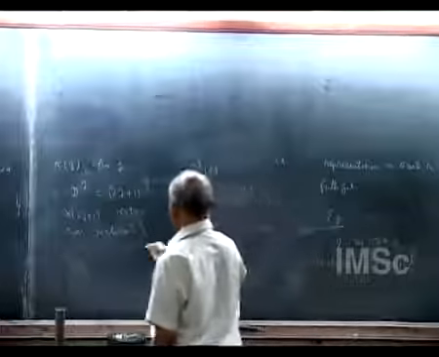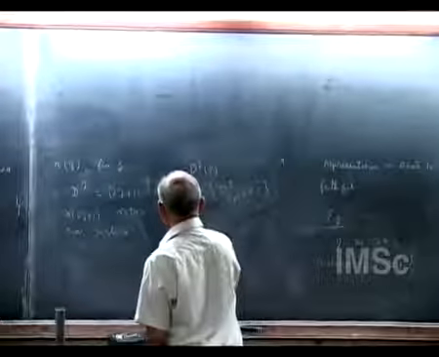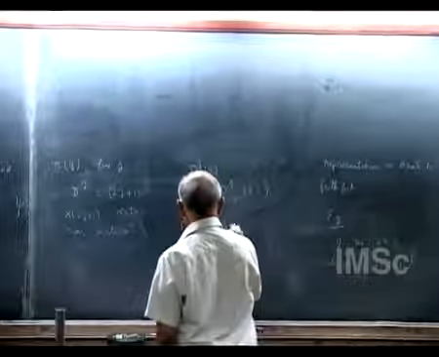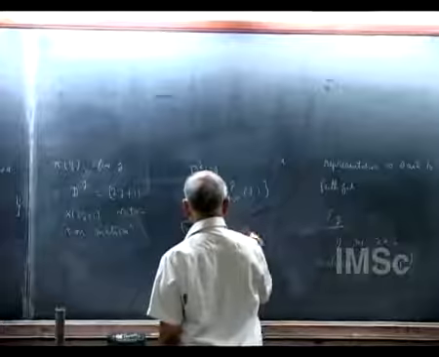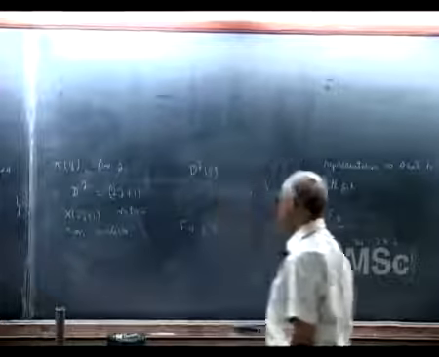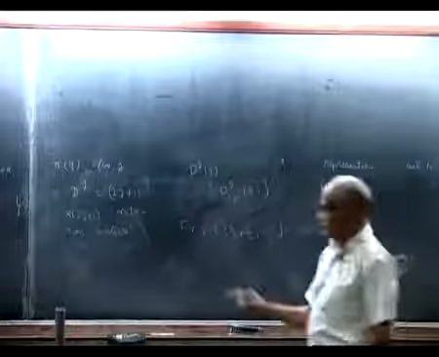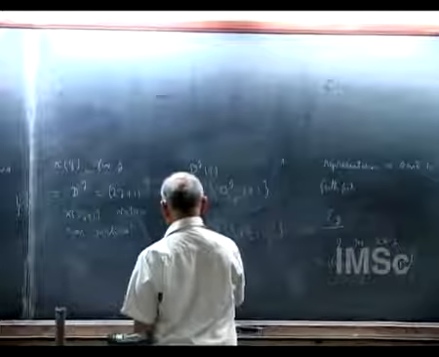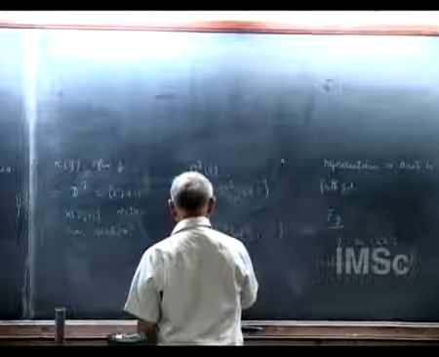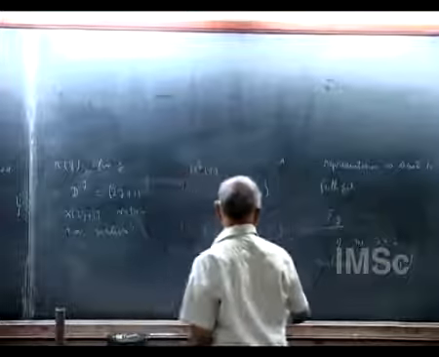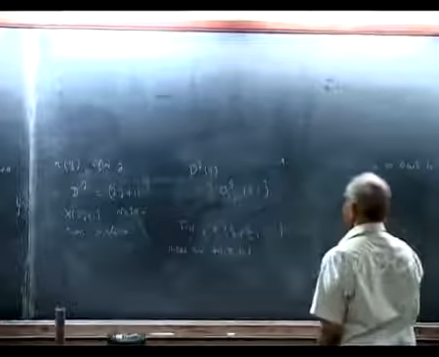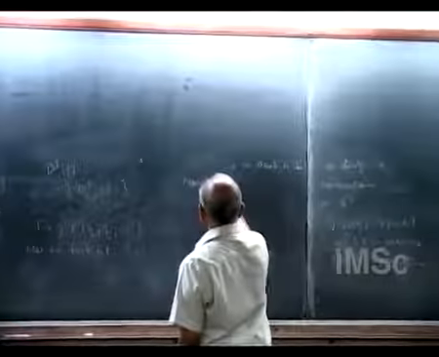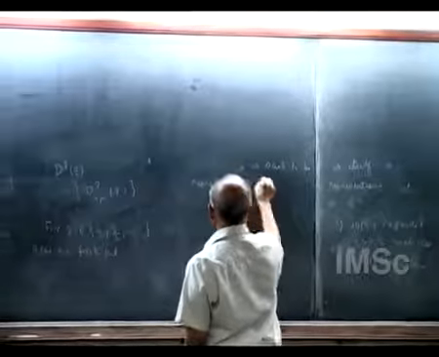What is important for me is that for j belonging to half integral values, these are faithful representations of SU2.